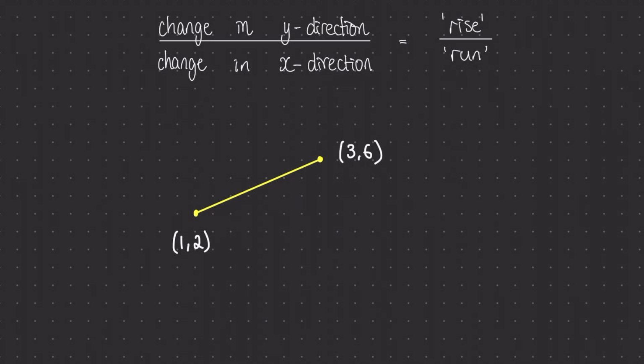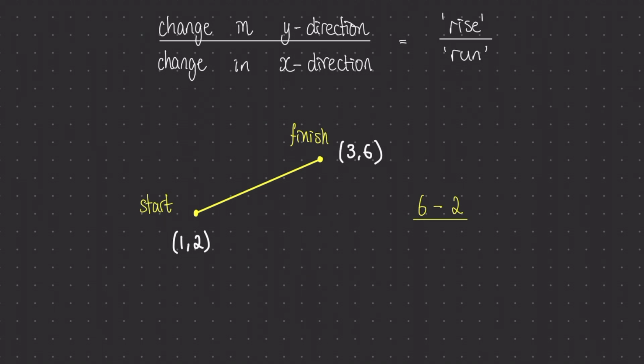Let's take a look at this line segment here. The first point has coordinates 1, 2. The second point coordinates 3, 6. I'm going to pick a starting point and a finishing point. First, let's work out the change in the y direction. I'll start with the final y coordinate and subtract away the initial y coordinate to work out the change is of plus 4.